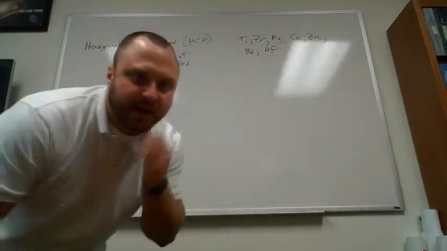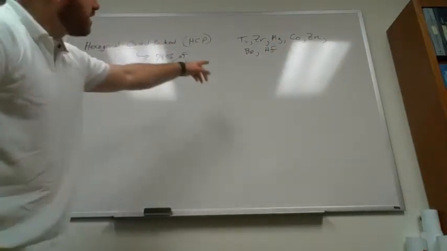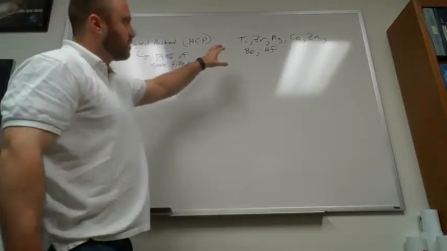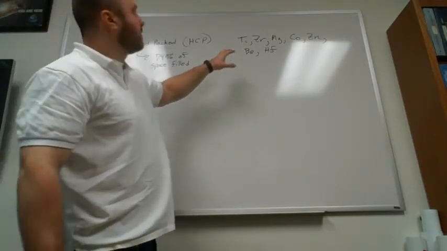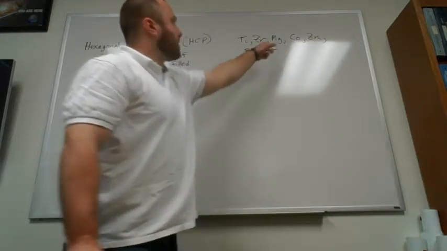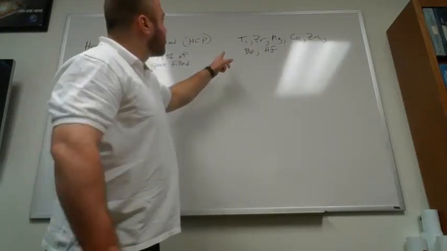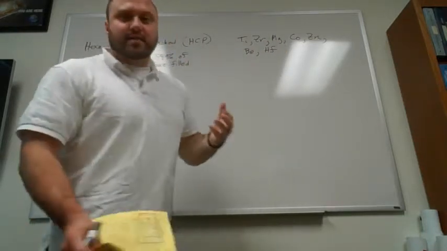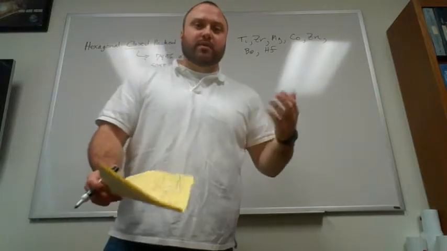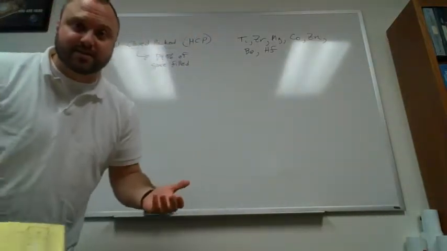There's a little bit of variety there, but a lot of the metals that are really, really light are in here. So magnesium and beryllium are the lightest metals that we can use to design with, and titanium is a good example of something that has a relatively high strength for its given density.